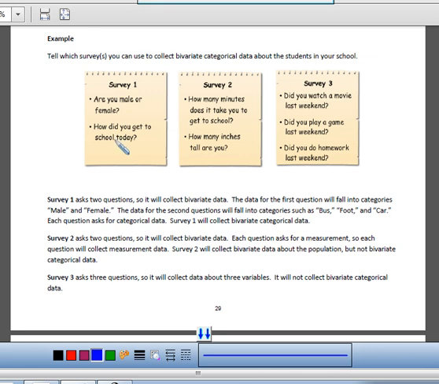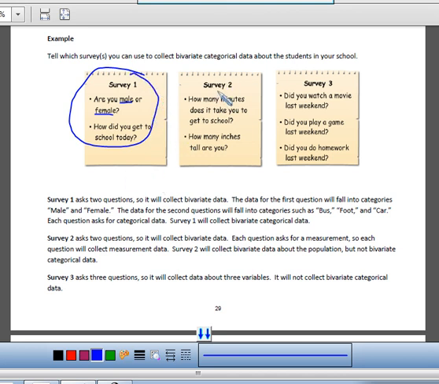The data for the first question will fall into two categories, male or female, and then the data for the second question could be a bunch of things. It could be bus, could be walk, could be car, bike, whatever. But each question goes under either male or female, so it's bivariate. So survey 1 is bivariate.